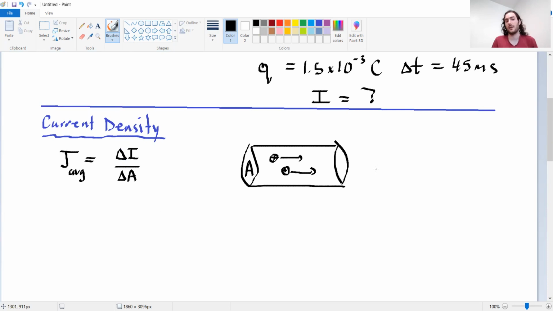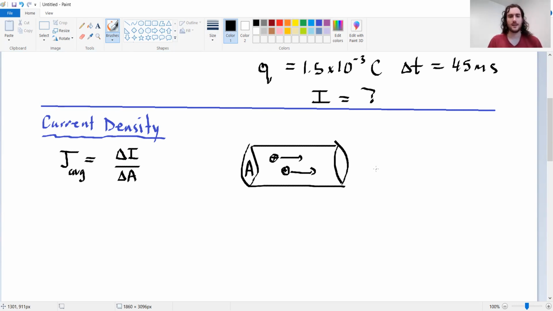But for the purposes of our class, we're mostly interested in what's going on in wires, right? We want to be able to do circuit problems, and in circuit problems, the cross-section of a wire is the same, right? So we want to take a look at this simpler case.